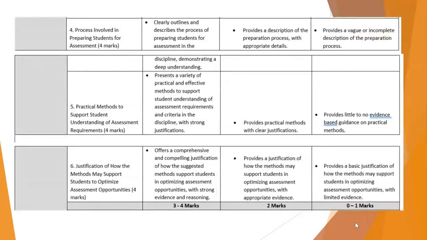The process involved in preparing students for assessment, and that is for 4 marks: clearly outlines and describes the process of preparing students for assessment in the discipline, demonstrating a deep understanding.